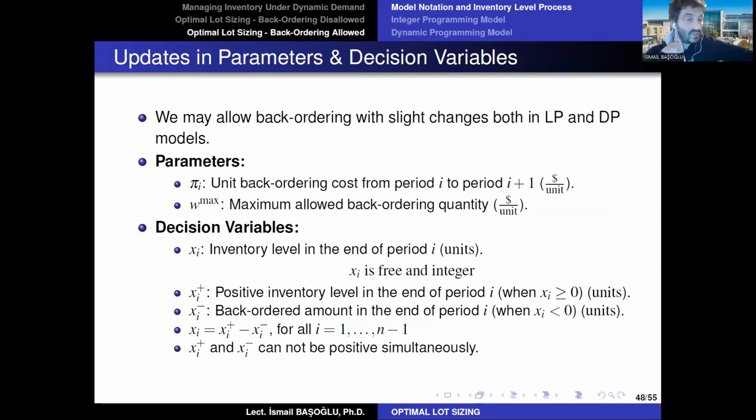By assumption, for any period, the PI value should be greater than the HI value, because the unit backordering cost must always be greater than the unit carrying cost. This is actually a natural assumption. And W max is the maximum allowed backordering quantity at any period.